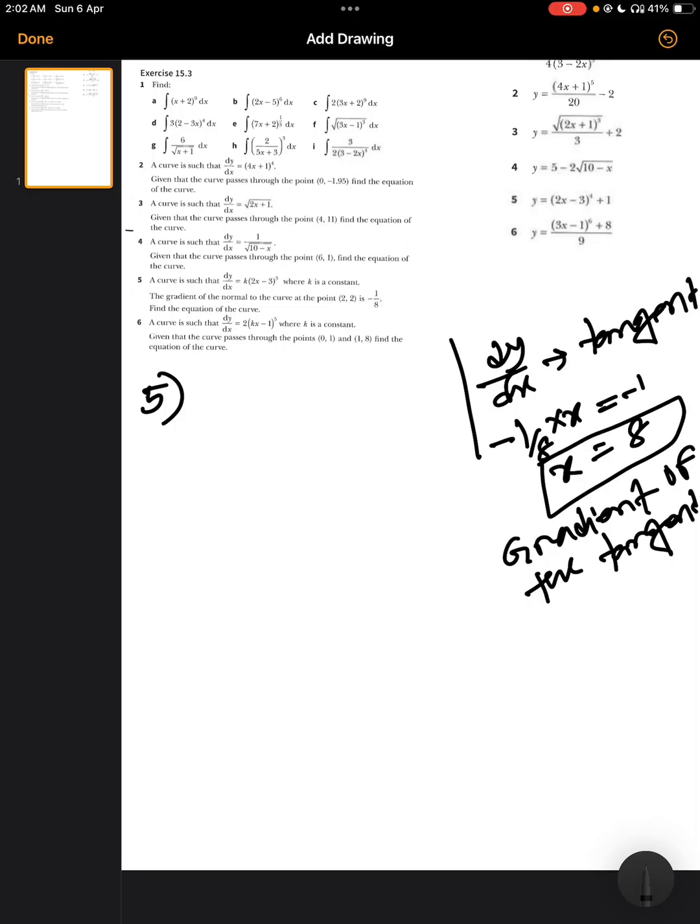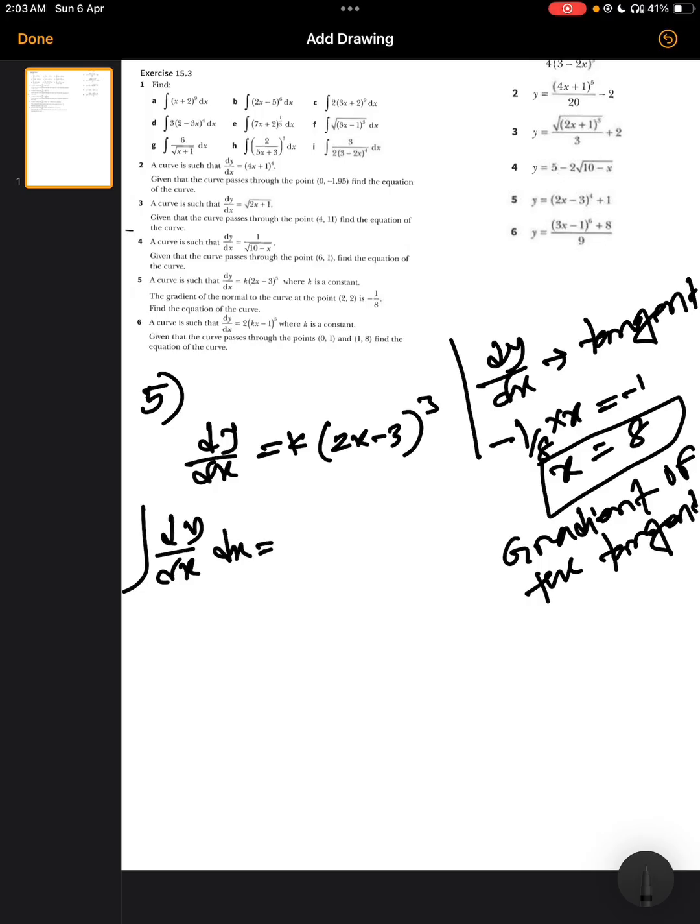Okay, gradient of the tangent. You have to remember this thing. So 8 would be the gradient of the tangent. We don't need the gradient of the normal. We just need the gradient of the tangent. So first thing first, the given differentiation result is k times 2x minus 3 to the power 3 here. Okay, so I'm taking integration on both sides.